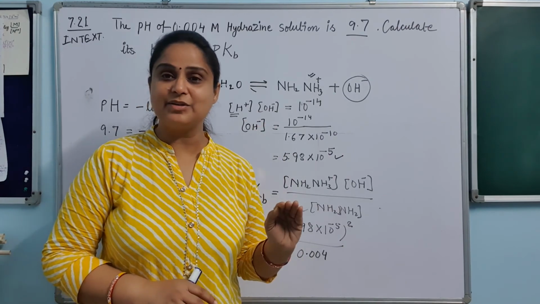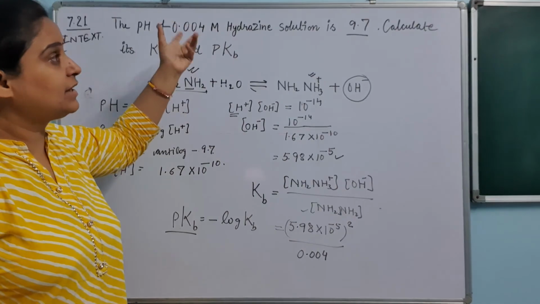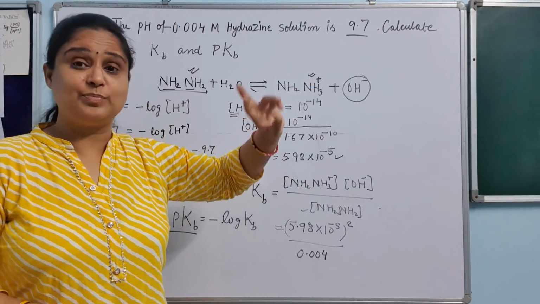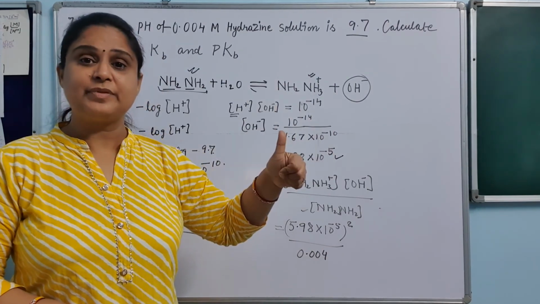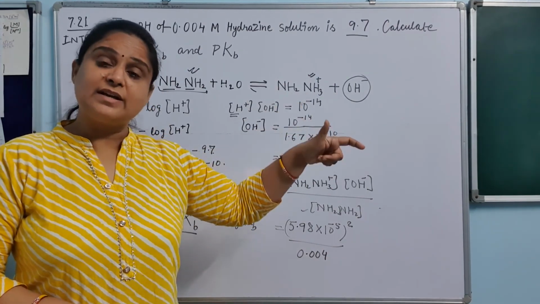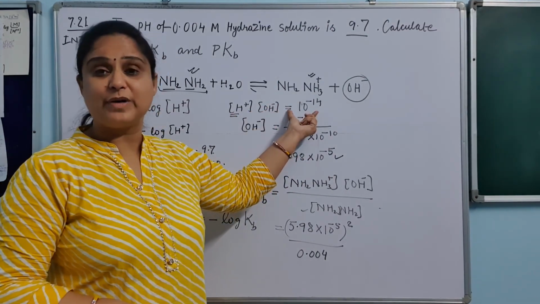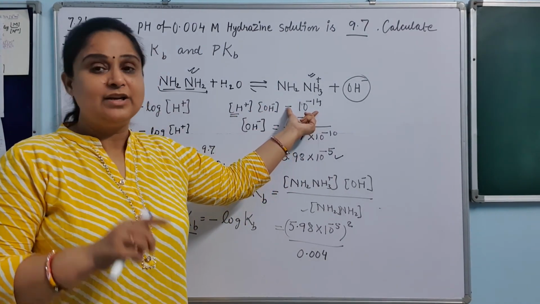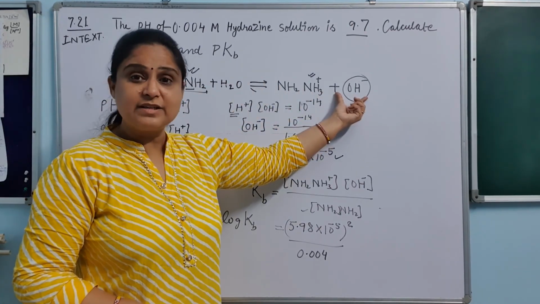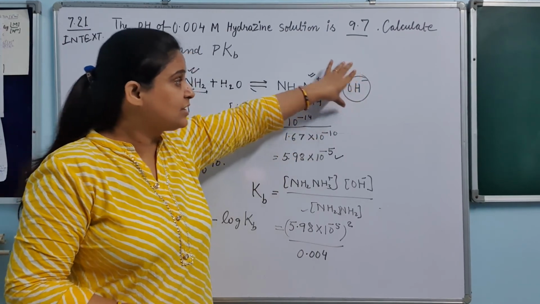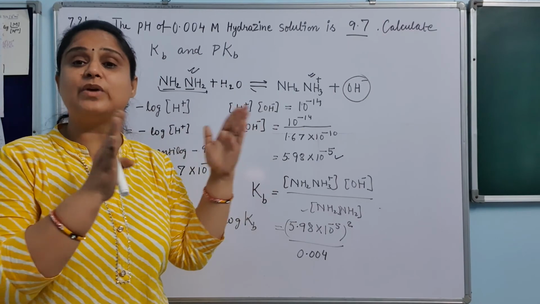And how we have applied the concept here: what was given to us was pH. On seeing pH, it should come to mind that we can calculate H. We know the concentration of H and OH ions, that the product of H plus and OH minus is always 10 to minus 14. So can't we calculate OH? We got OH. This reaction is giving you OH minus, and obviously as many ions of OH will be released, the same number of ions of the other species will be there, because it is dissociating in a 1:1 ratio.